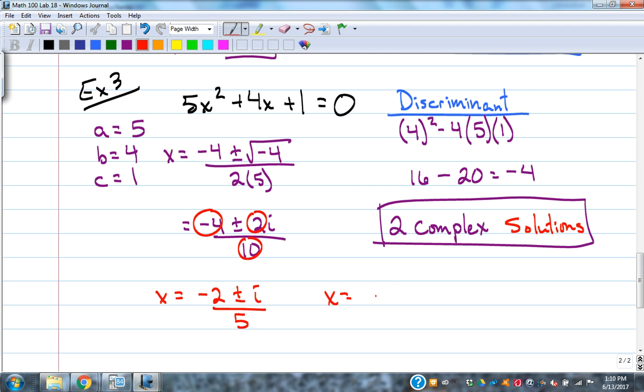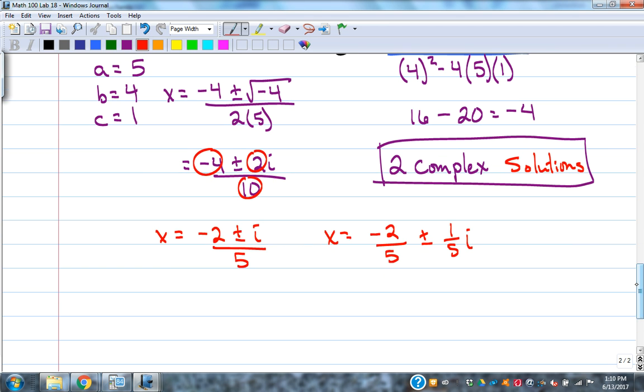If we split that into complex number form, it would be x equals negative 2/5 plus or minus 1/5 i. So our two answers are x equals negative 2/5 plus 1/5 i, and x equals negative 2/5 minus 1/5 i.